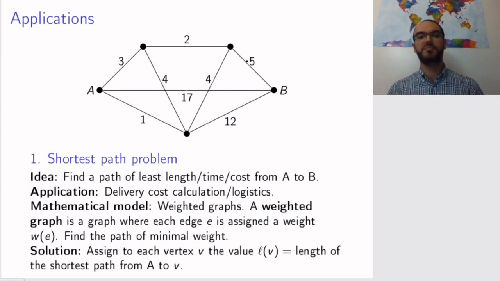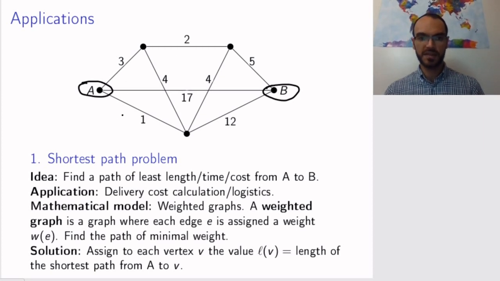So how do we solve this problem? Well, we're going to go through an algorithm. What do I want to do? I want to find the shortest path from A to B. Maybe there are several paths, but I want to find one of minimal length or weight, whatever you want to call it.